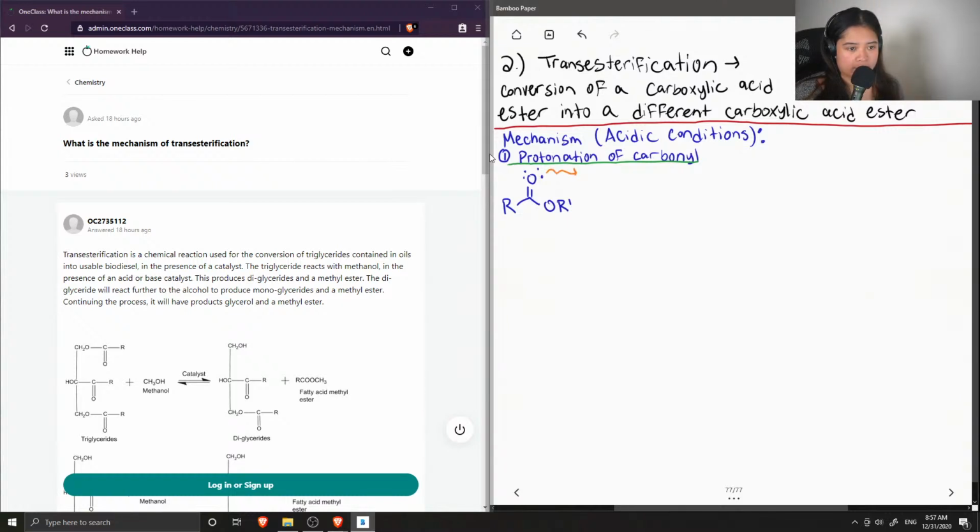So one of the lone pairs on the oxygen will come in and attack a proton in the solution. So now we're left with our ester and the protonated alcohol group.